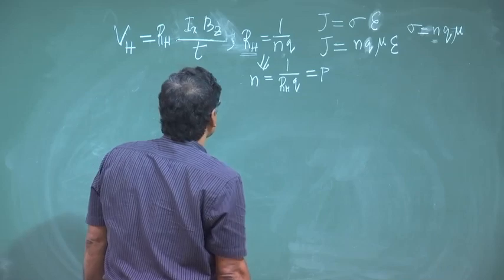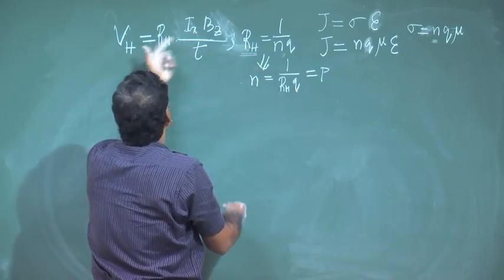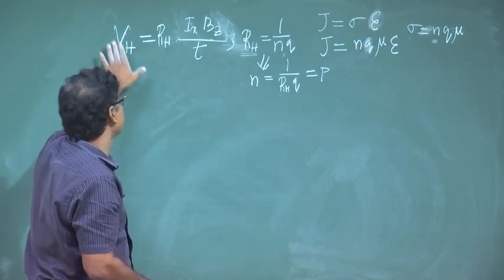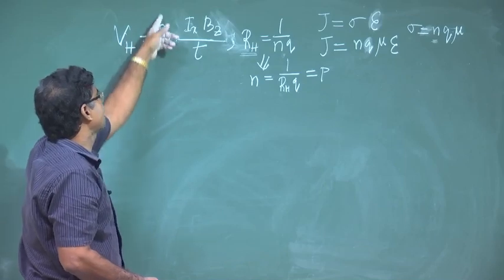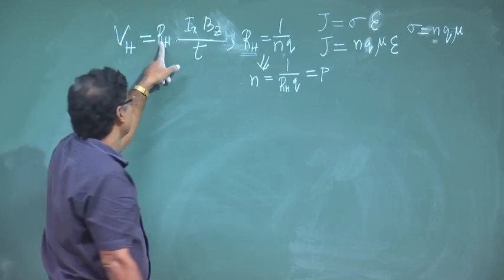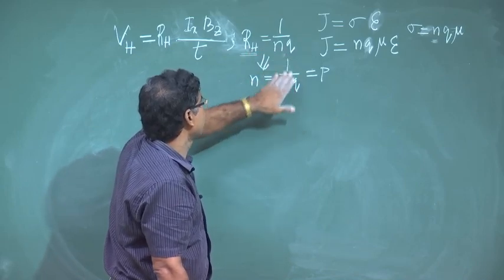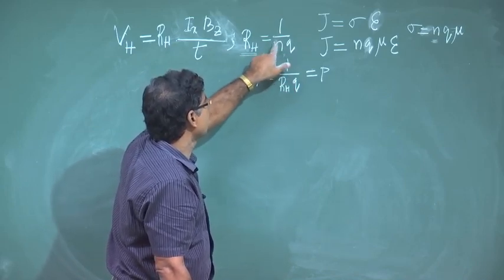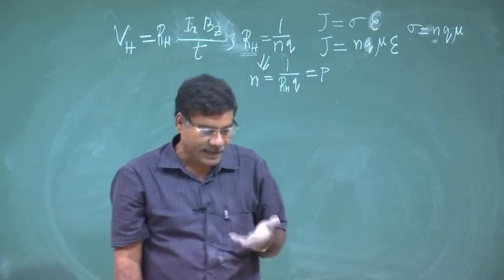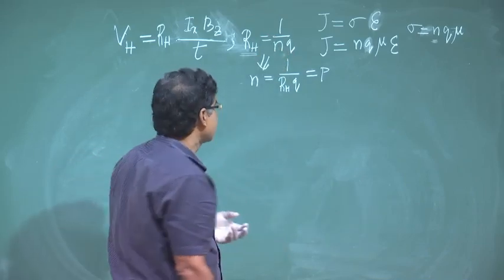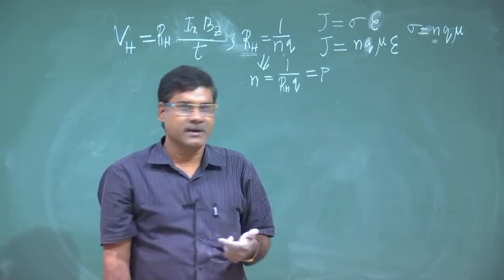And then from the sign of this RH, from the sign of the Hall voltage, I can tell whether Q is an electron, minus E, or it is plus E. Okay.